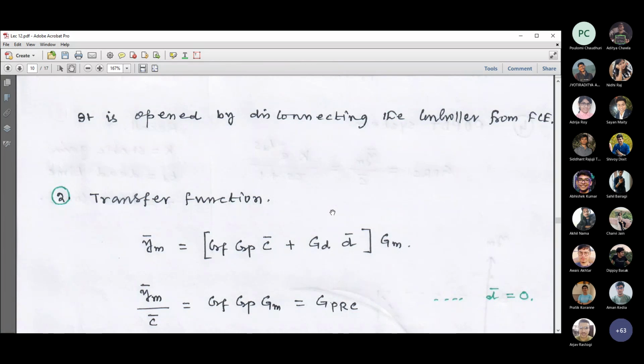And Cohen and Kuhn, they have considered only this case, d equal to 0.